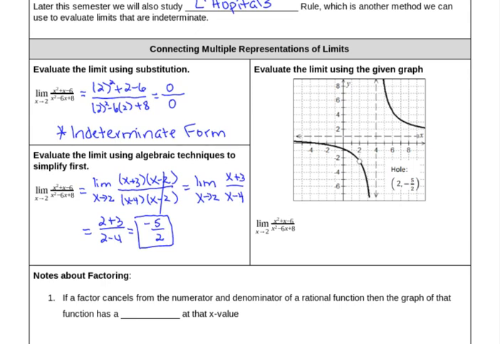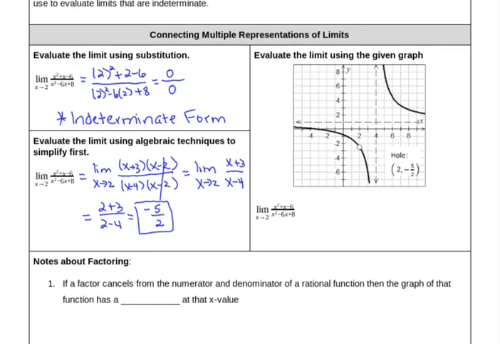Now if I look at the graph of this, we're going to connect these representations. We tried direct substitution, got indeterminate form. So we factored and canceled some stuff, and then we were able to actually find the limit. If we look at the graph here, I want to find the limit as x approaches 2. As I approach from the left and as I approach from the right, my function is approaching wherever that hole is.